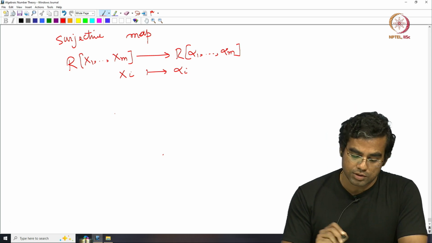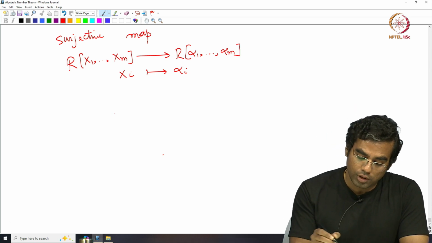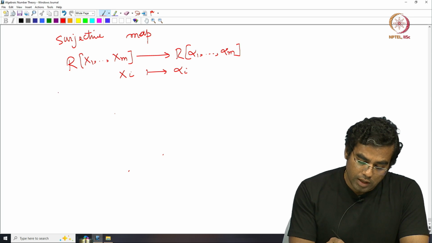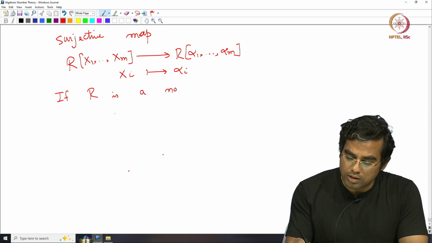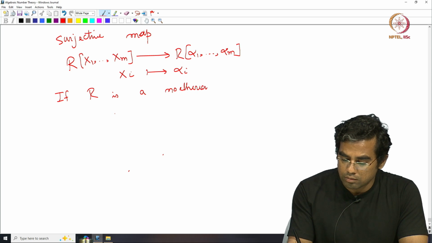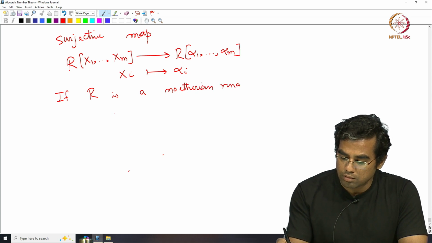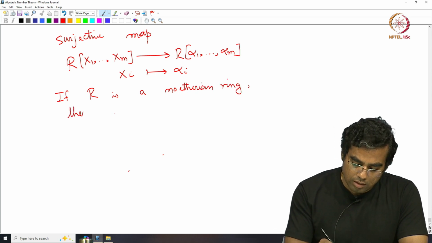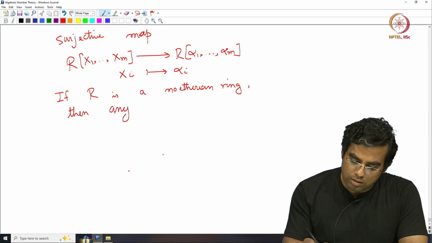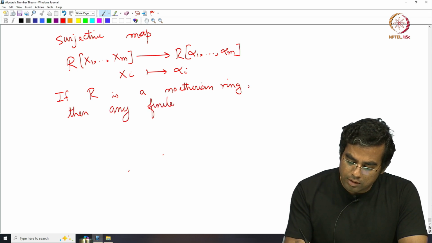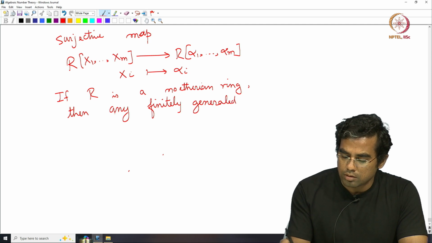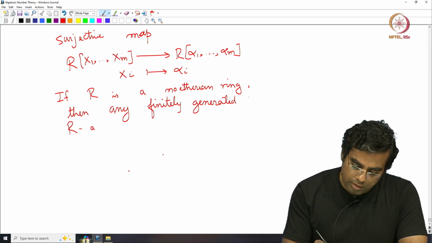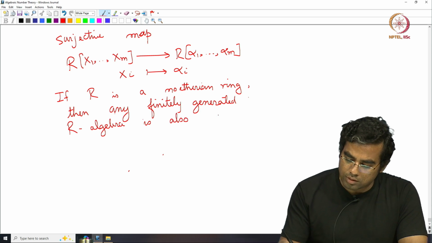So, these are easy things to prove. Okay. So, we get that if R is a Noetherian ring, then any finitely generated R algebra is also Noetherian.